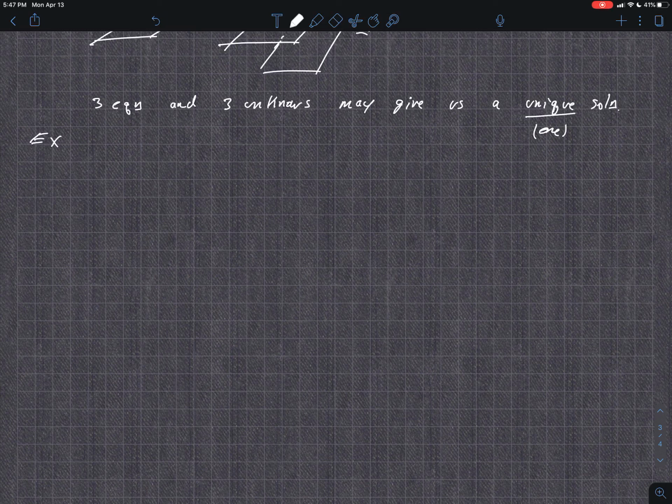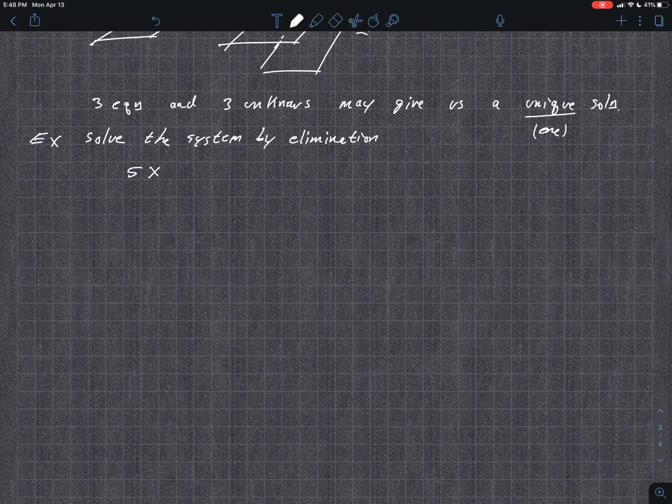So let's look at this example. Solve the system by elimination. Pretty much only want to use elimination on these.